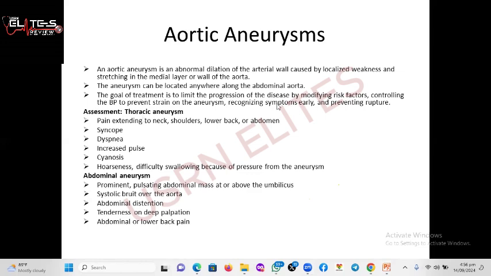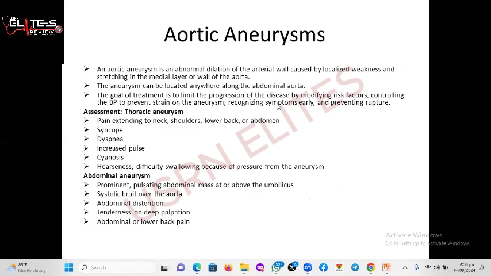So we have the aortic aneurysms. When an aorta becomes dilated, that is what we term as the aneurysm. You have the arterial wall becoming dilated, and then it becomes weak and continues to stretch.